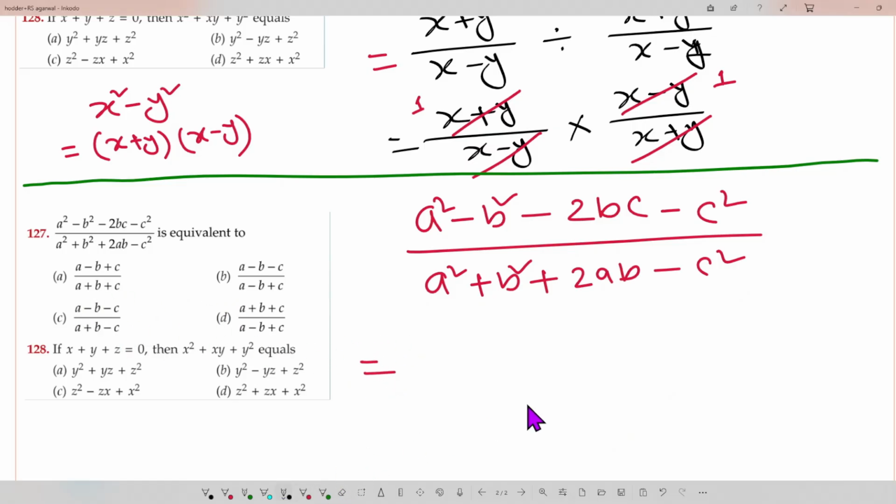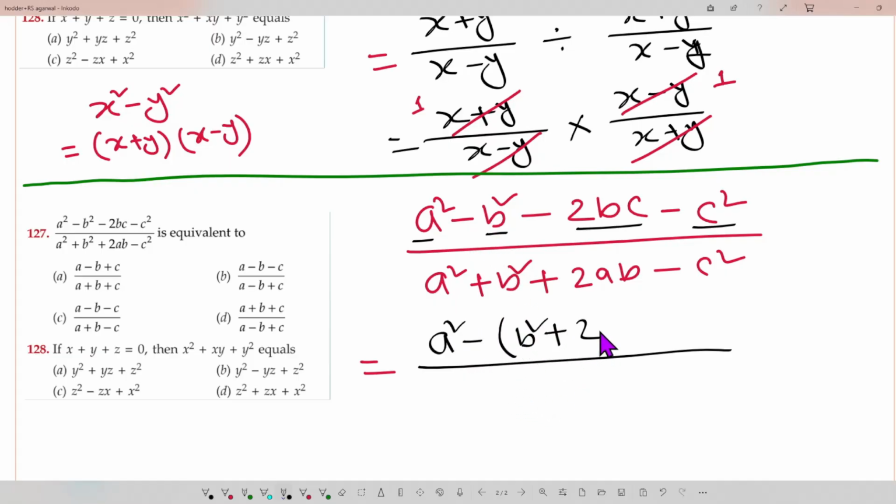First, look, here is a square, but here b square, c square and 2bc. So a square will be unchanged and we can take common minus, so b square plus 2bc plus c square.